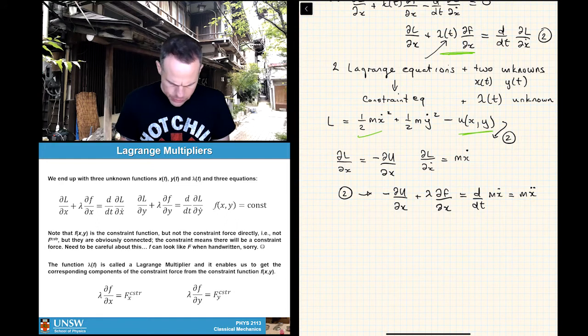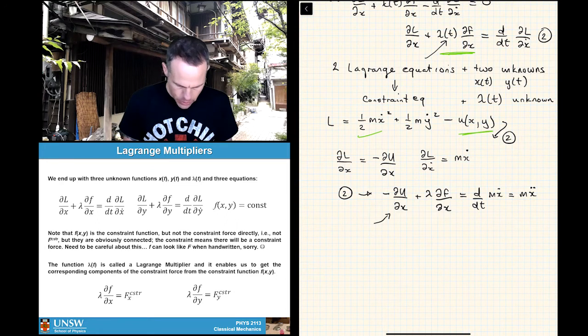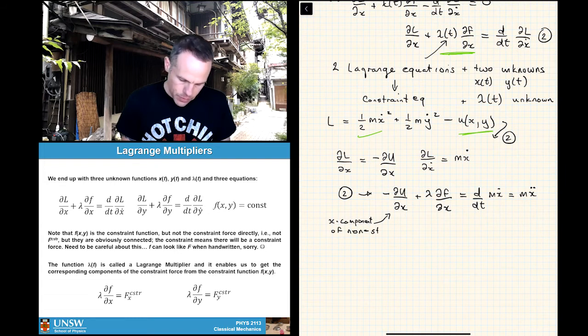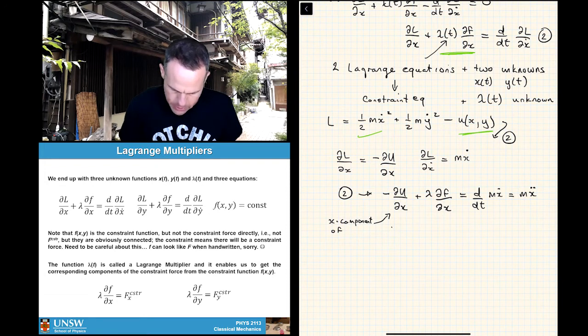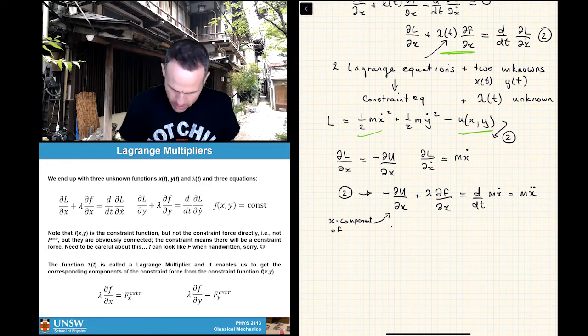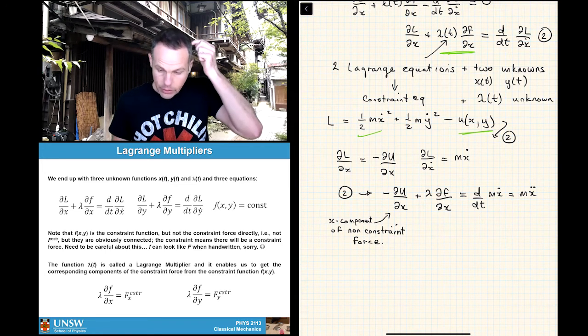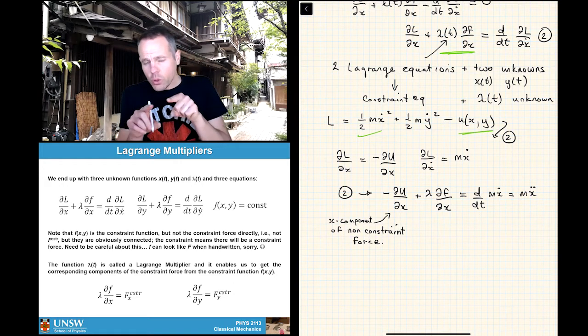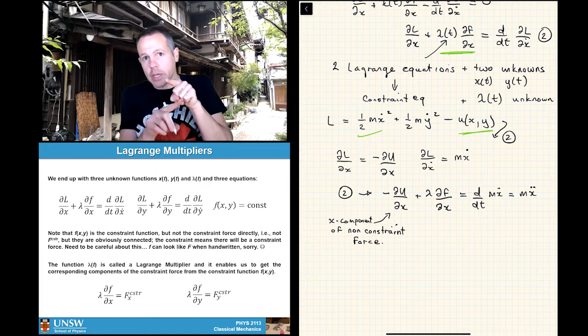And so let's think about this for a second. This is the x component of our non-constraint force, because you'll notice that when we write the potential, we relate it to forces that are not constraint forces.